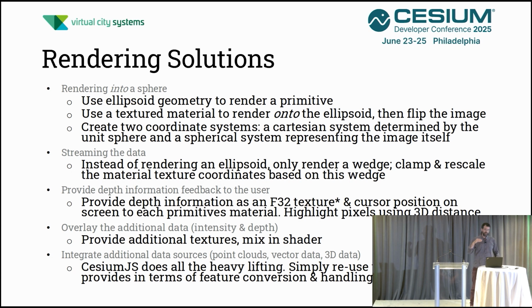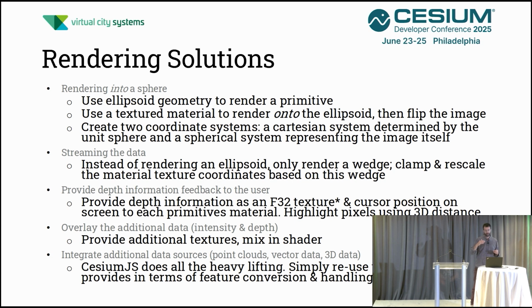Additionally, what we did is we extended the material texture in Cesium to be able to add multiple textures to the same material as they load. And we can provide the depth information just as an F32 texture, not really supported by Cesium natively, but it's supported by WebGL, so there was a way we could work around it.